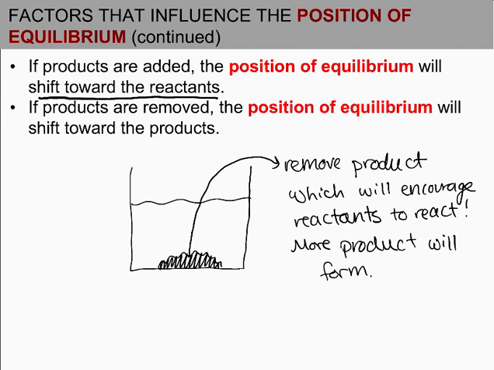And remember, reactions are constantly trying to achieve that equilibrium state, or that ratio of products to reactants. So as you remove product, reactants will keep reacting to try to get to that equilibrium state. And so you can actually produce more product than you would normally expect if you just left it alone. So chemists are pretty sneaky that way. They have these little tricks they can use to manipulate reactions and get what they need.